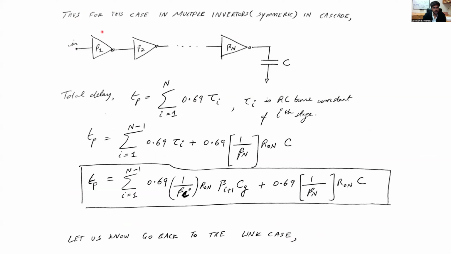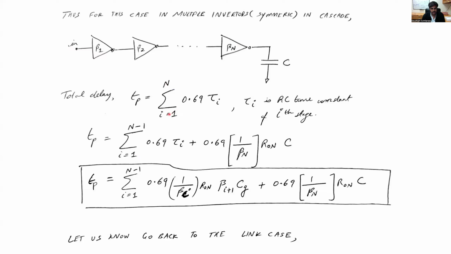So now let us again look at this cascaded inverter chain, beta 1, beta 2 up to beta n. The total delay is the sum of the delays of the individual stages. So it's the sum from i goes from 1 to n of the natural logarithm of 2, 0.69, times the time constant of the ith stage.